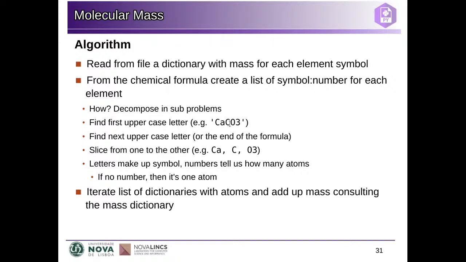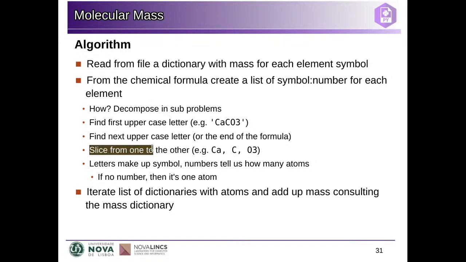One thing we need to do is find uppercase letters, because in this convention, uppercase is always the beginning of the element name if it has 2 characters, or it's just the whole element name if it only has 1 letter. So we can create a function to find the next uppercase, and we go iterating through the formula, jumping on all the uppercase letters and removing each part, each bit for each element.